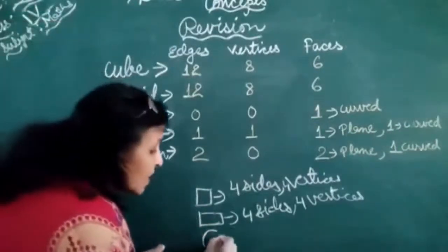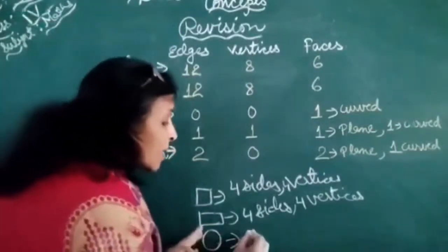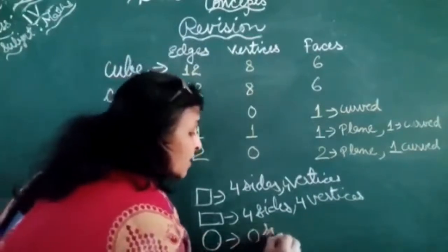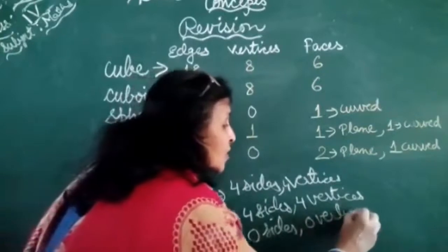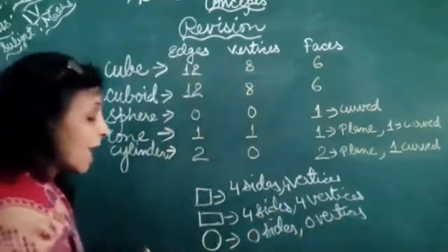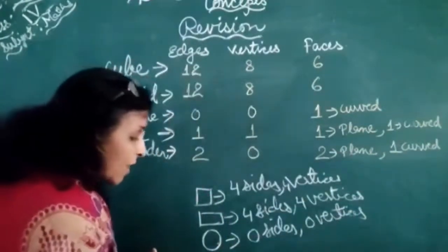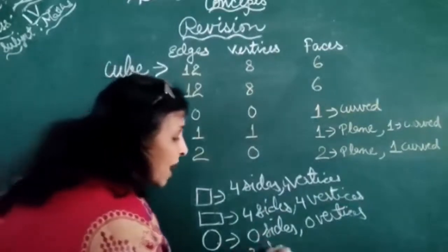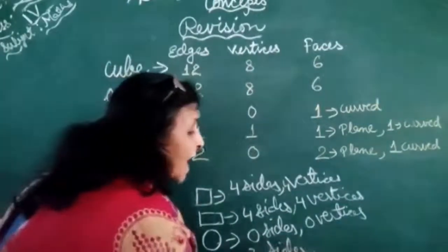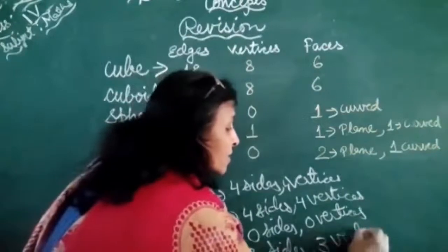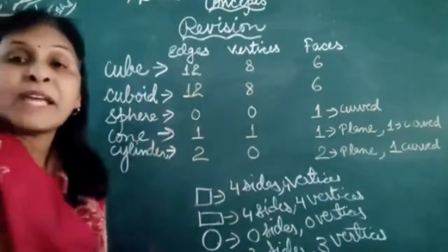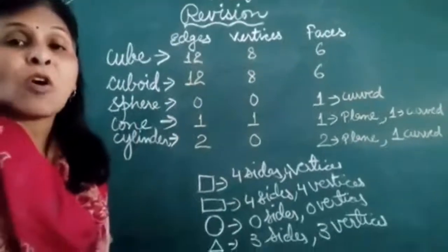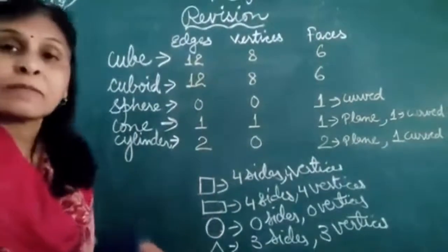Then comes to circle. In circle, there are 0 sides and 0 vertices. That is no side and no vertices. Then comes to triangle. In triangle, 3 sides and 3 vertices. These are about the plane shapes and solid shapes.